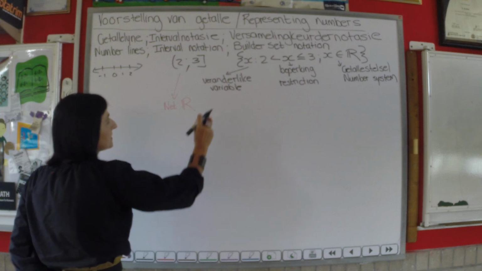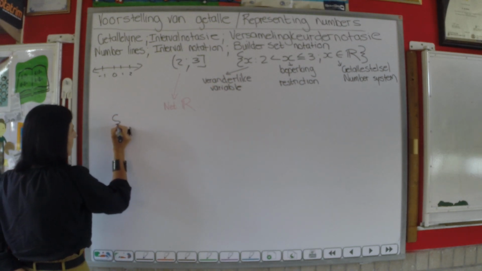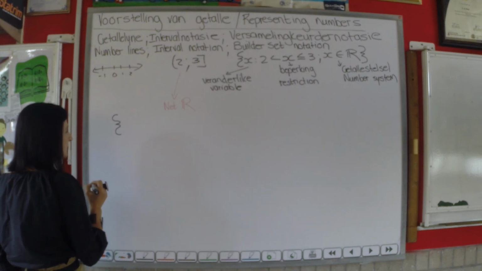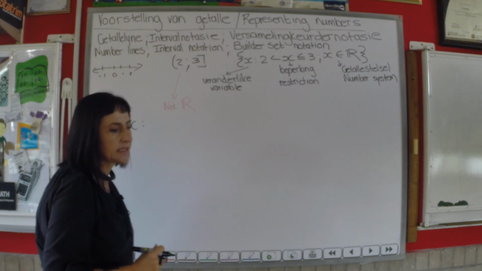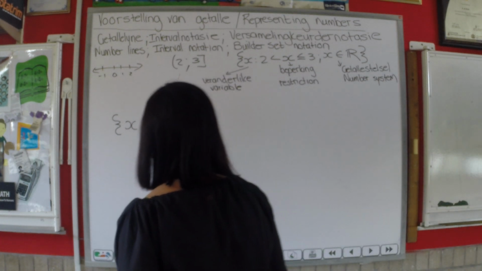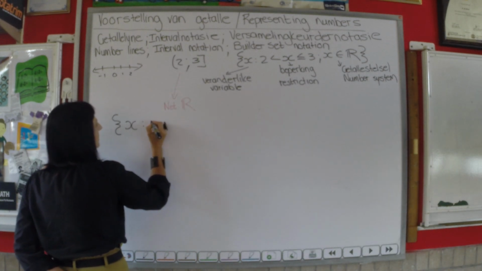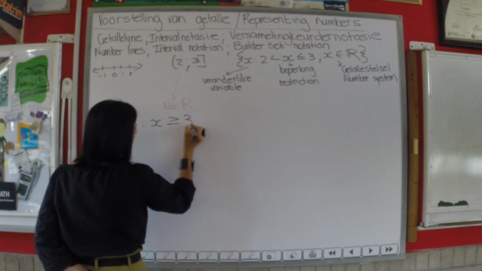How will we write it in builder set notation? That bracket, x, double point, and its integers greater and equal to 3. So we've got all integers greater and equal to 3.